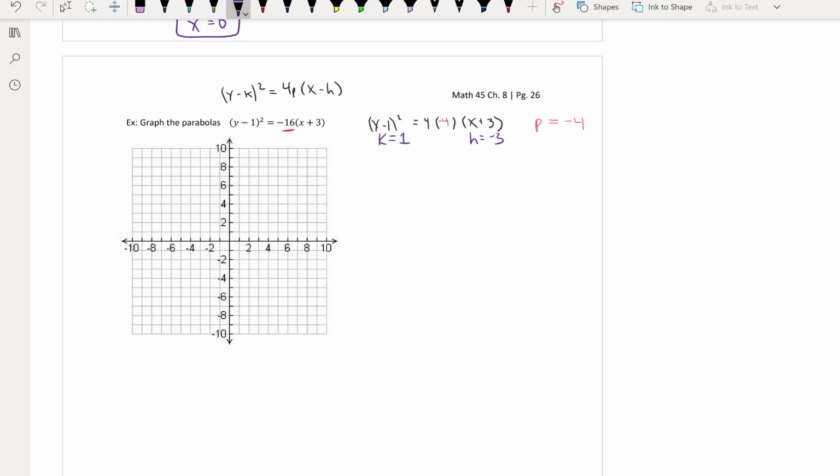So I can tell you that my vertex, since it's always going to be h and k, I can tell you that that h value is -3 and that k value is a positive 1. So I have my vertex as -3, positive 1. So there is my vertex, okay? I can also tell you the axis of symmetry.